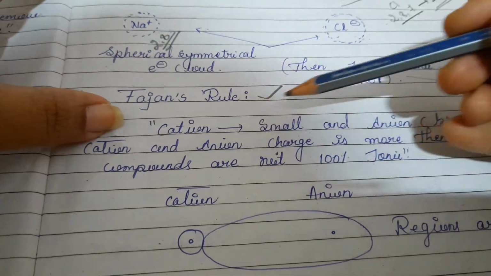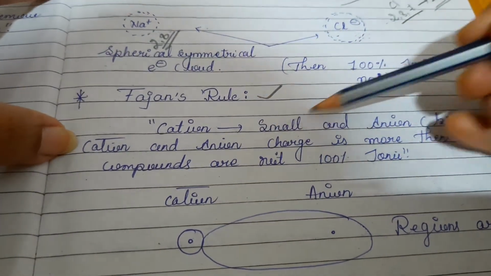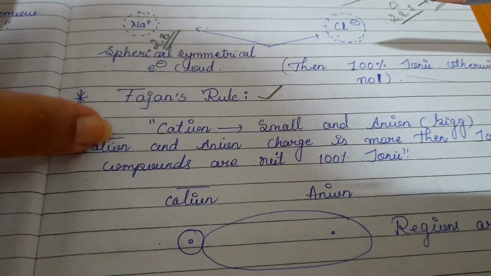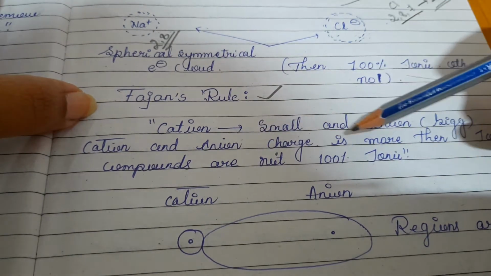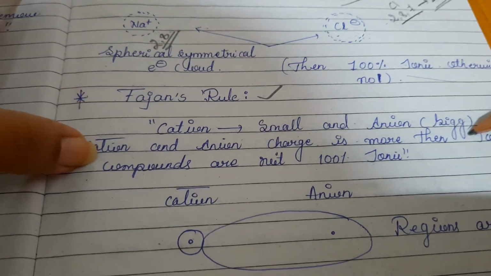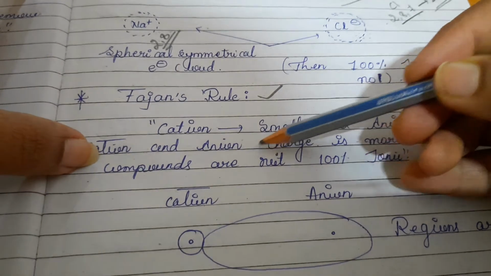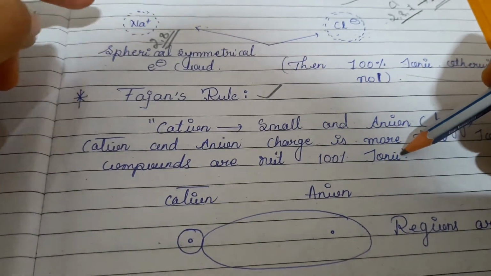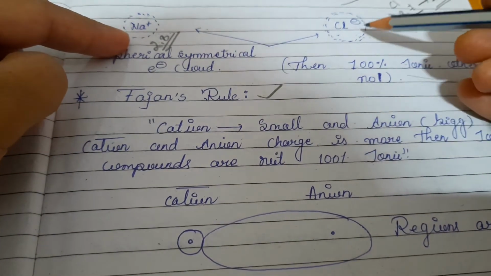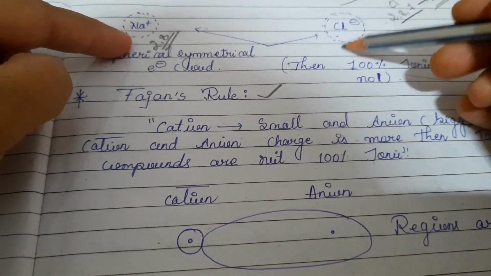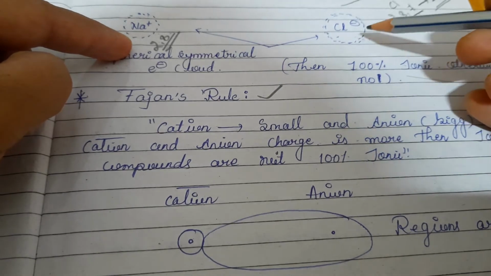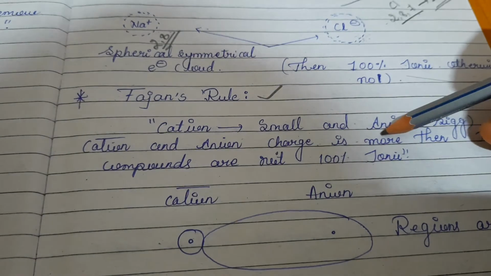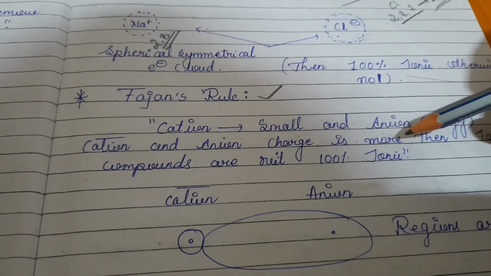So when you consider a cation which is small in size and an anion which is big, with the cation and anion charge being more, then the ionic compounds are not 100% ionic. Getting what I am telling you? Here this Na plus and Cl minus, after forming, are not 100% ionic. In ionic compounds, a certain kind of covalent character is introduced.